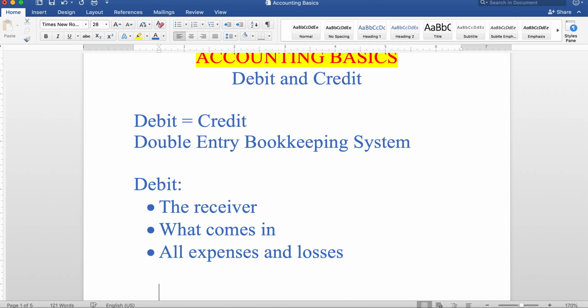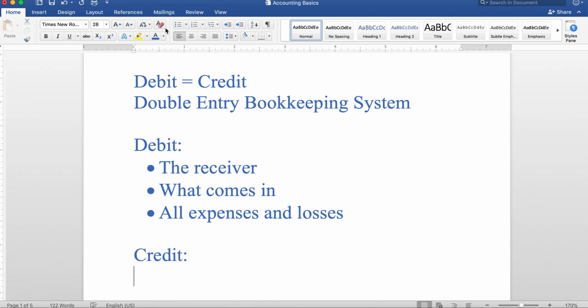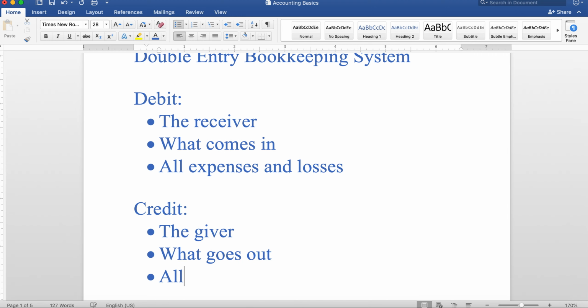So any of these three will make a debit. And to identify the credit, the formula is just the opposite of debit, which is the giver, what goes out, while all incomes and gains are credits. So in order to identify debit and credit, you can easily identify from this formula.